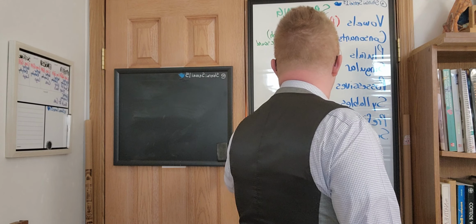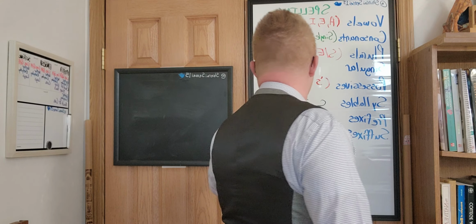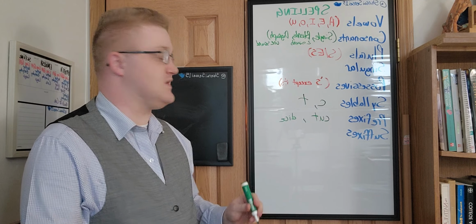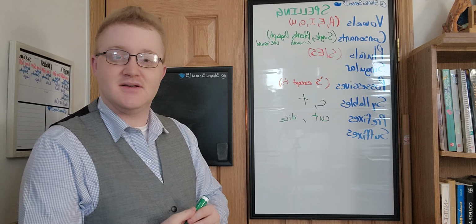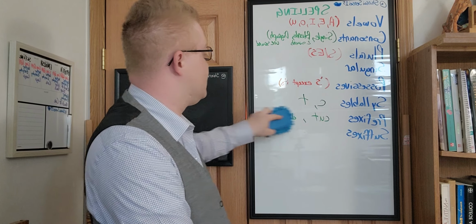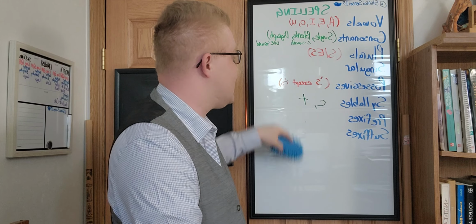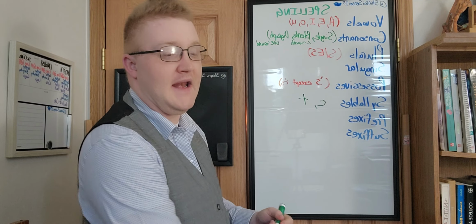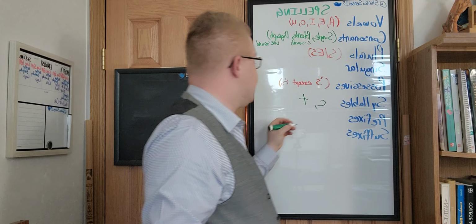But if I say dice, well, the C's there and it sounds like an S. Dice, right? And T is really the only other situation that you're going to have to worry about. T not sounding like a t sound is when it's followed by an H, typically.